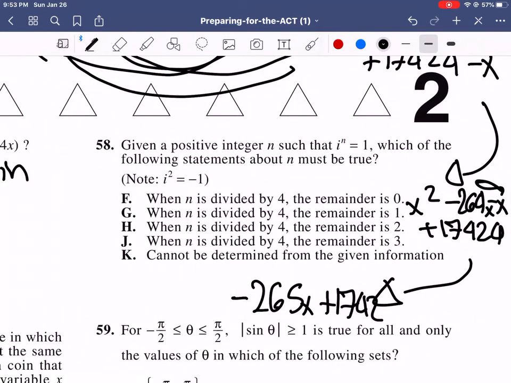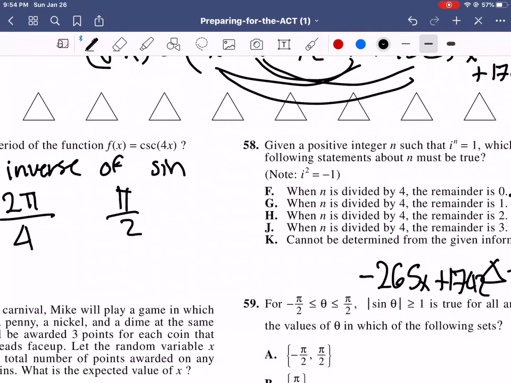Given a positive integer n such that i to the power of n equals 1, which of the following statements of n must be true? So you have to know that i to the first power equals i, i to the second power equals what was it?